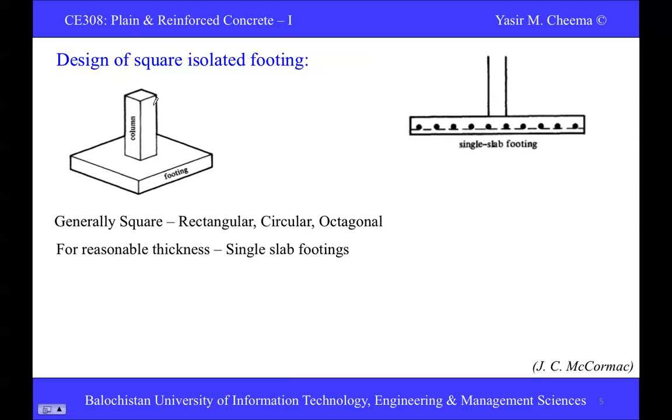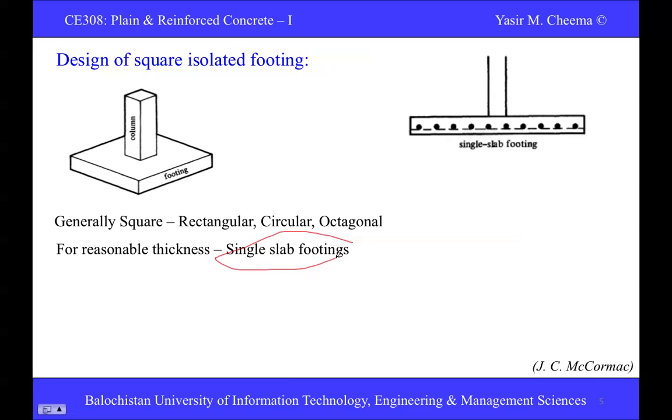In that case, we decide the thickness of the slab. Normally, a reasonable thickness is like 12 inch, 24 inch; up to 24 inch is okay, I guess. If the thickness is 24 inch, then you can go for a single slab footing.